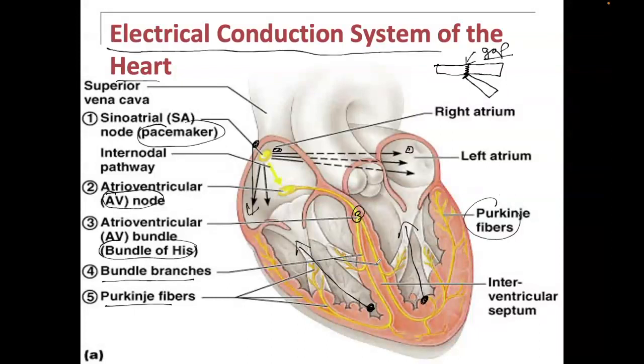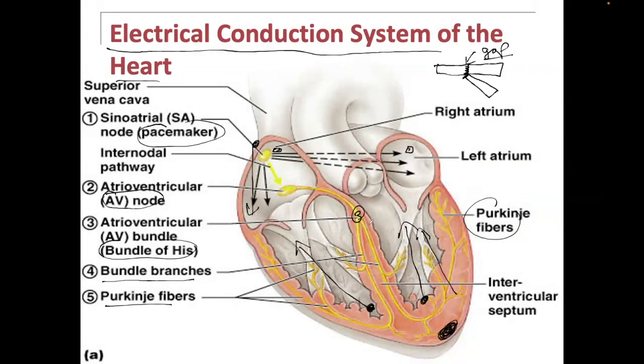Now that the electrical current has made it to the apex of the heart and then branched out into all these Purkinje fibers, the apex and all of this musculature has received its electrical conduction. Now the ventricles can contract efficiently, pushing blood from inferior to superior.